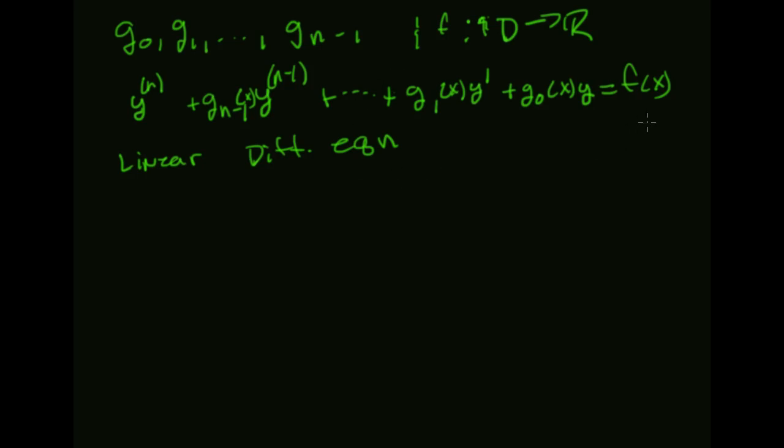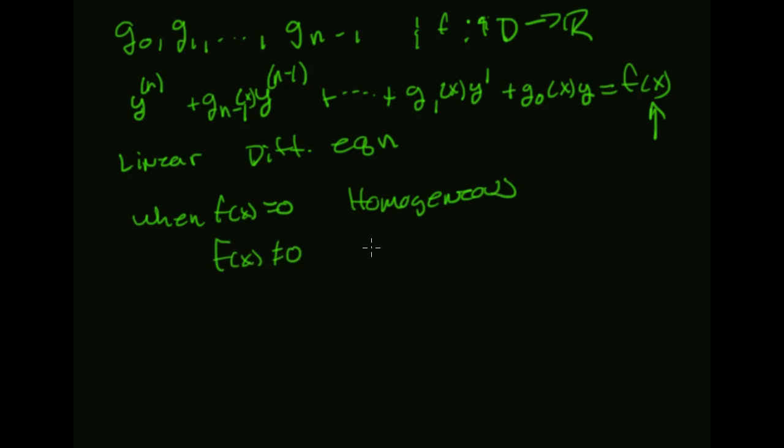If f of x is the 0 function, we call this homogeneous. And when f of x is not explicitly 0, we call it non-homogeneous. So we're getting some terminology there.